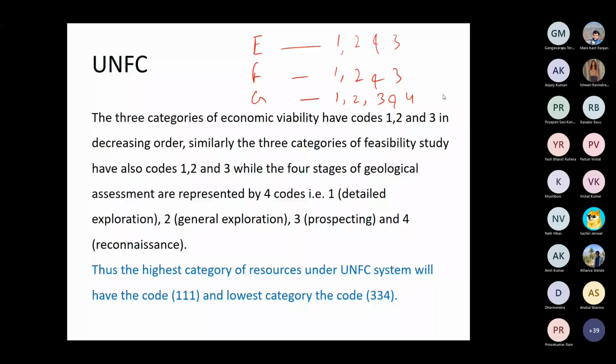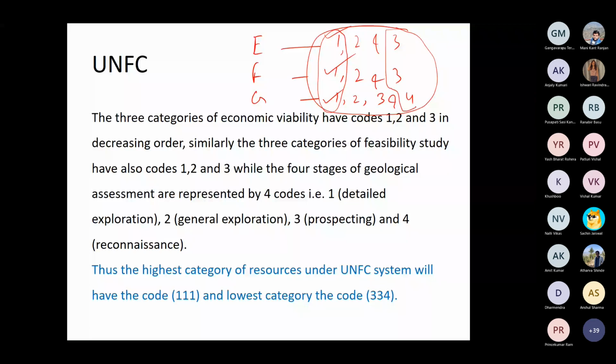So look from this chart, you can understand that the highest value will be which one? This one. 111 will be highest, most economically attractive, most feasible, and having the detailed exploration. Whereas the worst thing that we can report through UNFC is 3, 3, and 4.